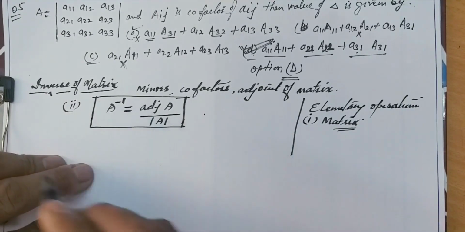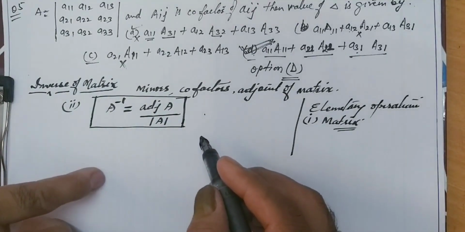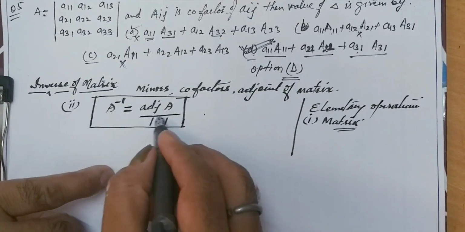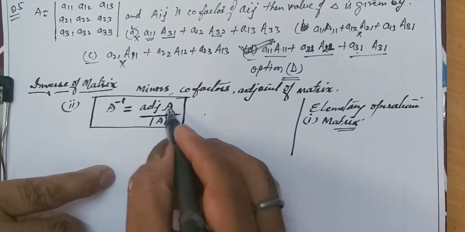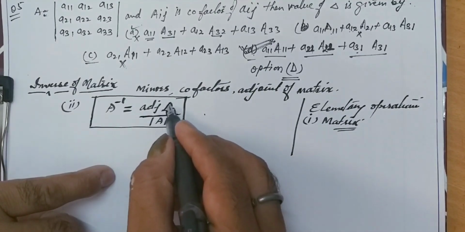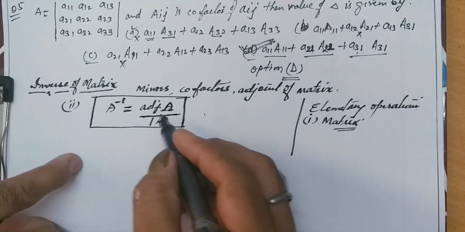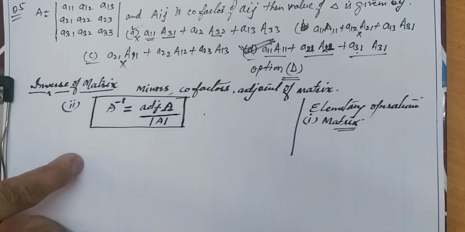With the use of this method, we will try to solve the linear equations in 3 variables in this particular chapter, which is very important. A 4 marks or maybe 5 marks question can be in CBSE. It is being asked for 6 marks. That will be based on this inverse of matrix.